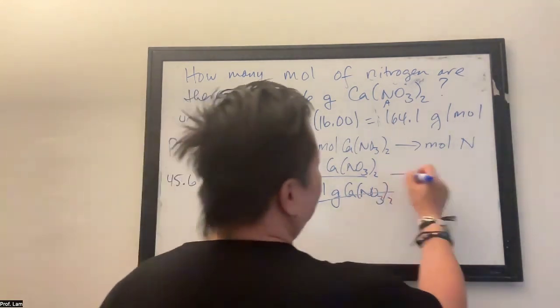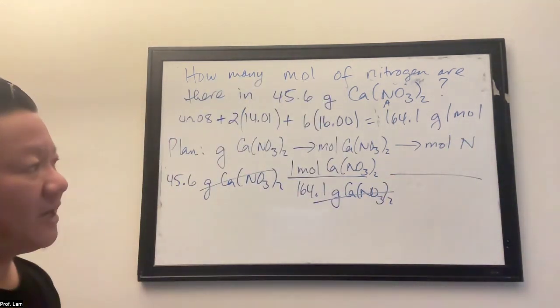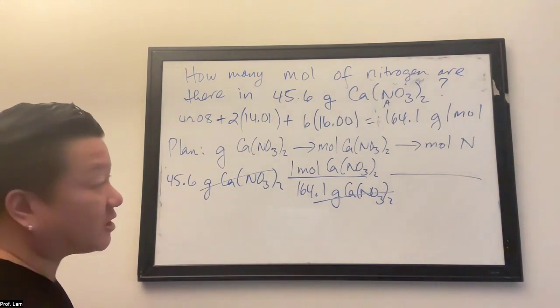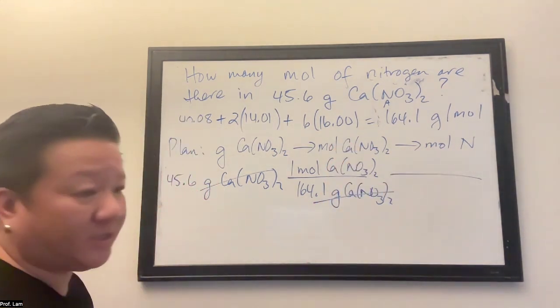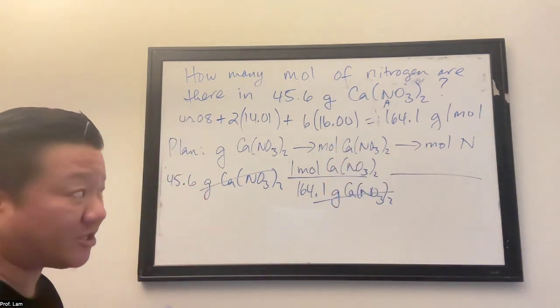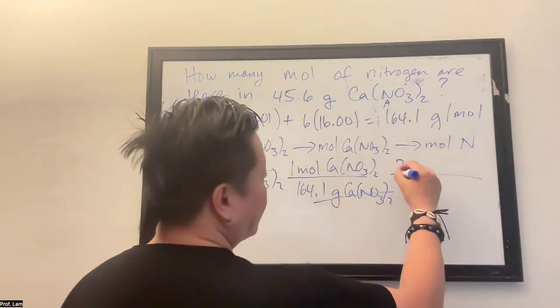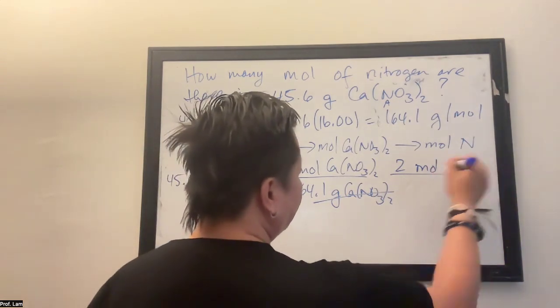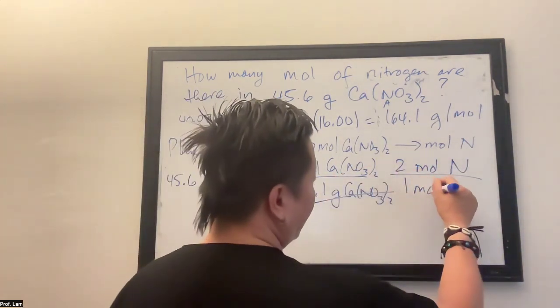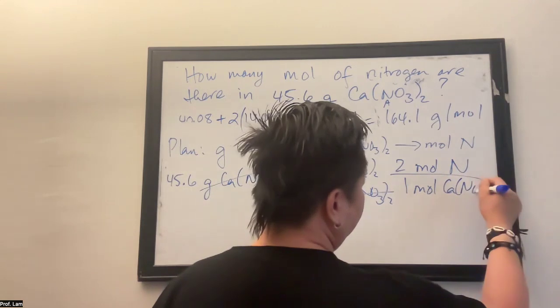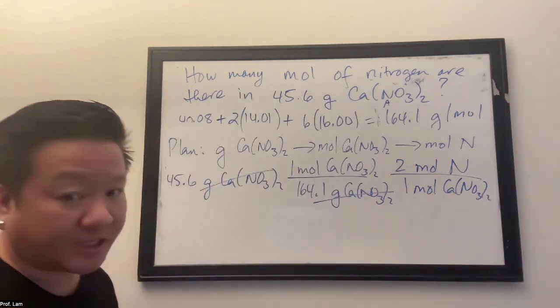And then I need to get to moles of nitrogen. So this is where I go from mole A to mole B using the mole-to-mole ratio. I'm literally just counting how many nitrogens are in calcium nitrate. There are 2 moles of nitrogen in 1 mole of calcium nitrate. It's just a true statement.